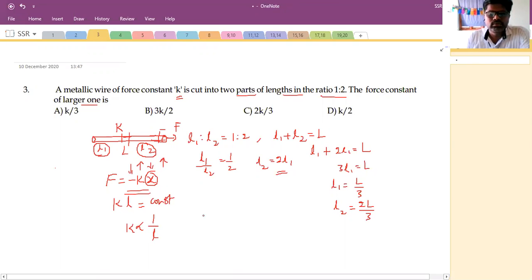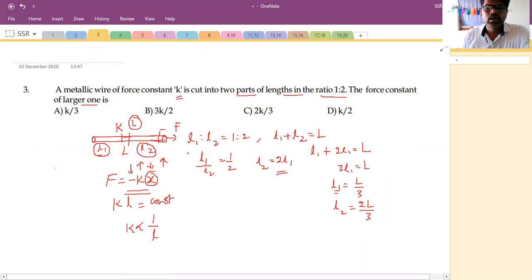Then you can observe here KL is constant. So for a total length L, is K. Already I said K is inversely proportional to elongation length. So for L by 3, you can see here L1 is L by 3 part, L2 is 2L by 3. So proportionally, that elongation only you can expect.